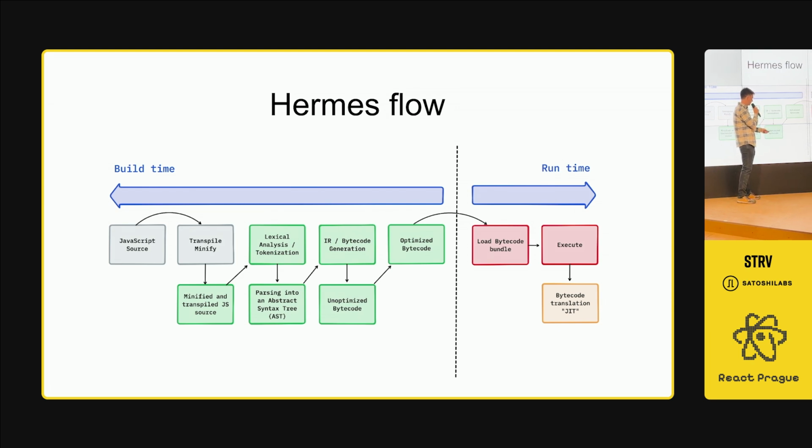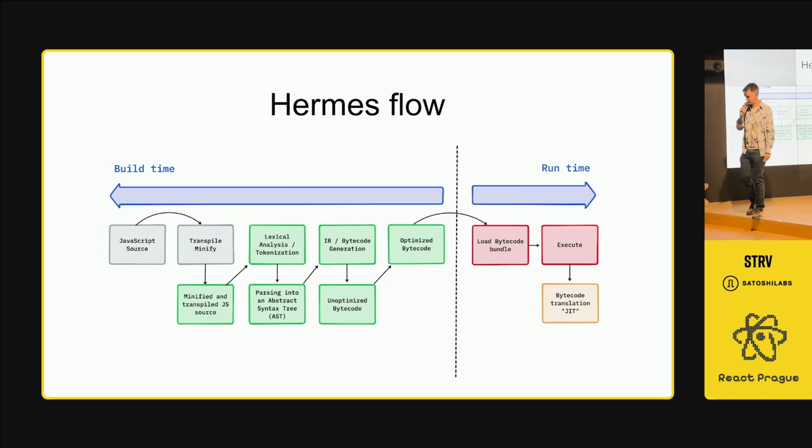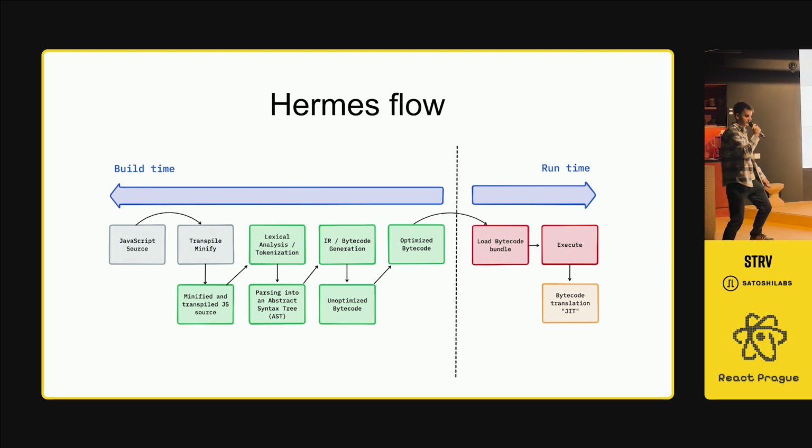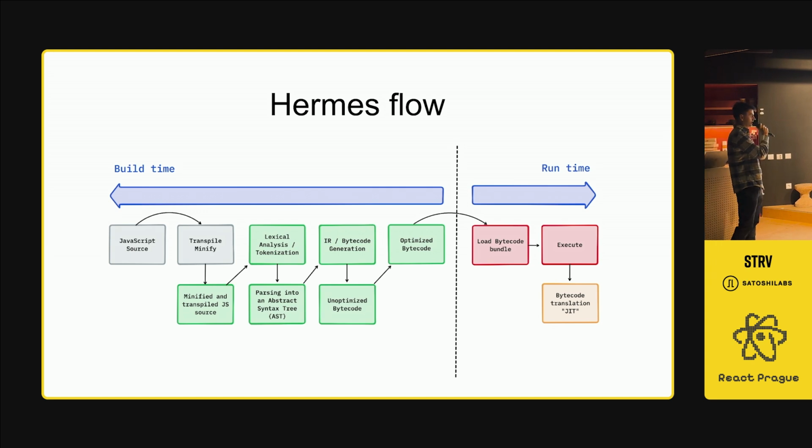This produces some unoptimized bytecode. Hermes will even do some optimization on that bytecode before it's sent to the client, like object origin and inlining of some functions. I will have links to some videos where this is explained better and in more detail.